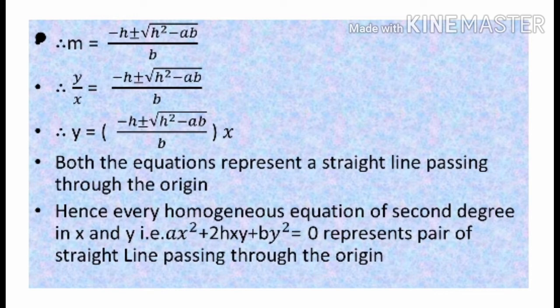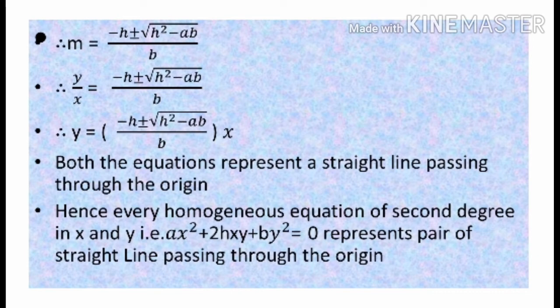Therefore if h² − ab > 0, there are two different slopes, and for two different slopes we get two different lines. Therefore when h² − ab > 0, the lines are real, meaning we can draw the lines, and they are distinct, meaning different.